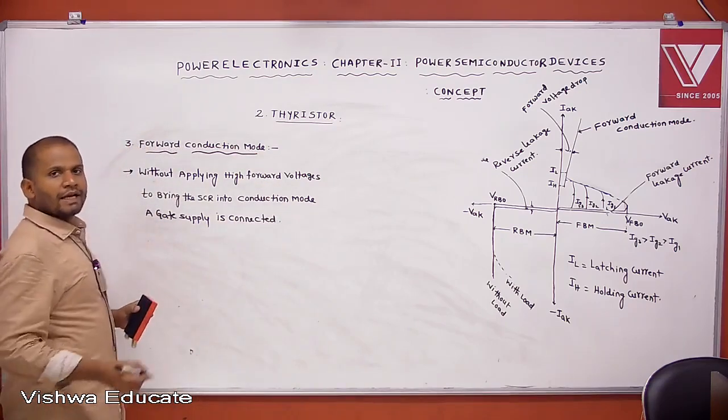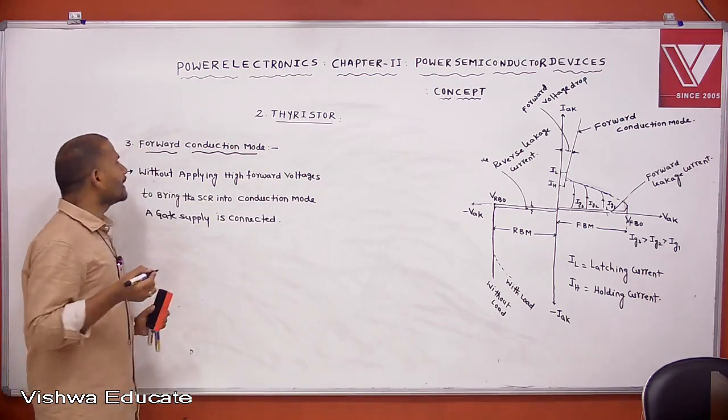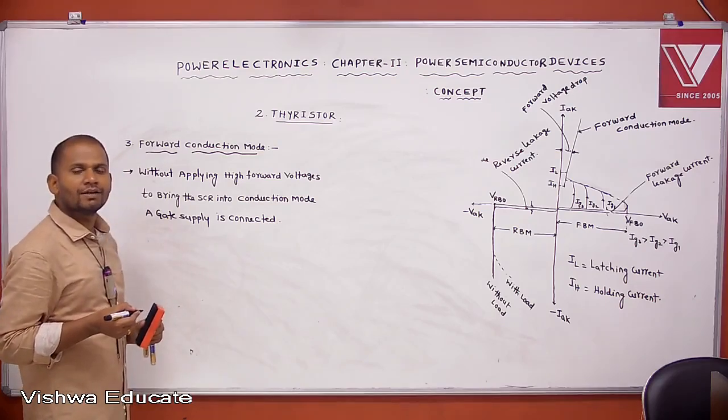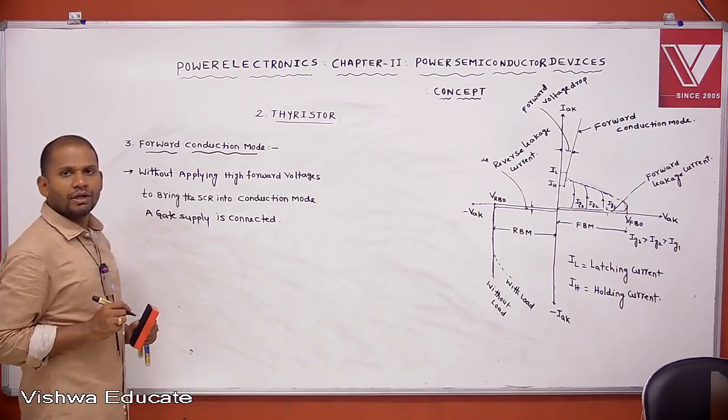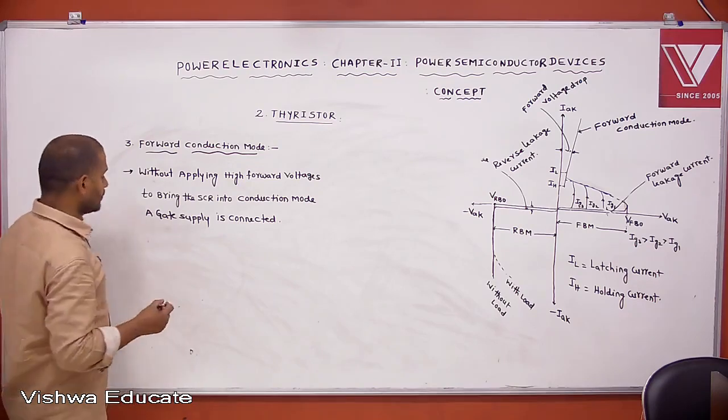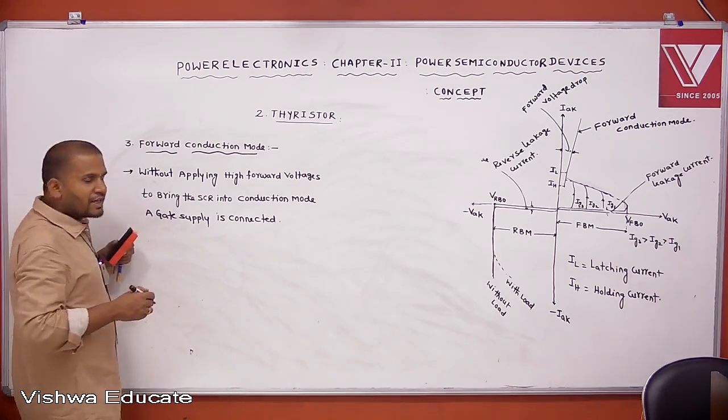Now if the gate is connected, what happens? Under forward conduction mode, if the gate supply is connected without applying high forward voltages, how can we bring the SCR into conduction? This concept can easily be understood by using the switch concept.